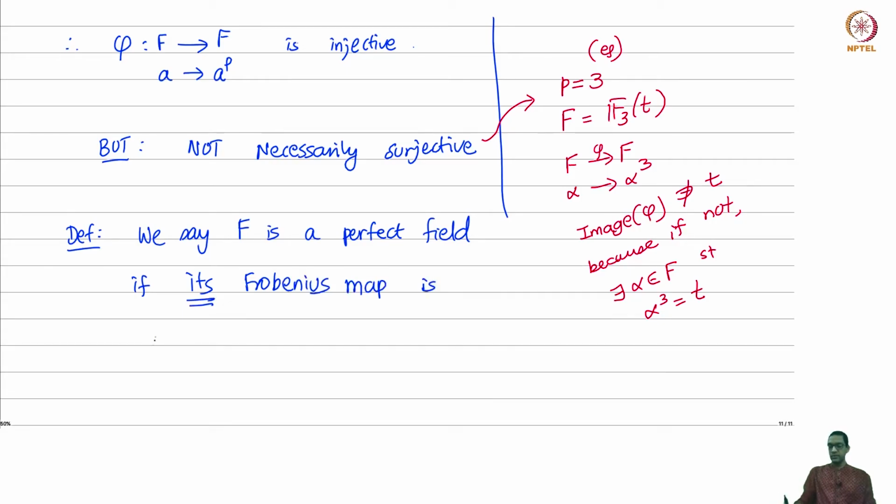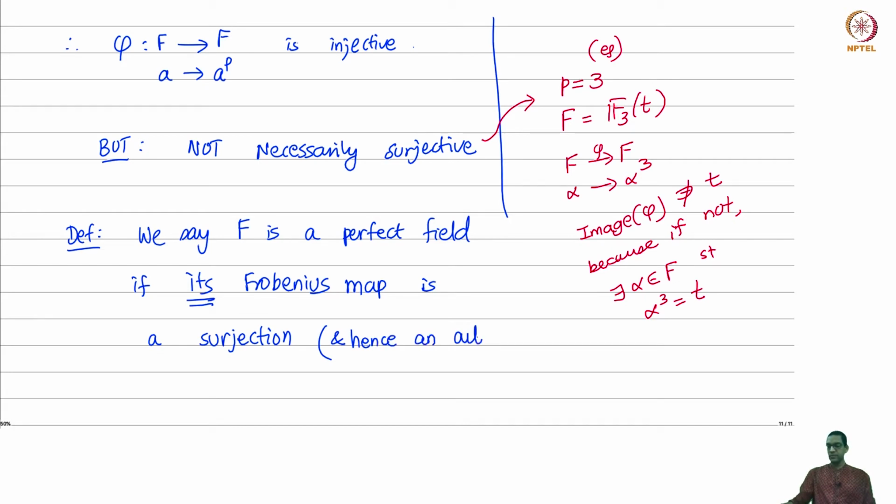If it's a surjection, it's already an injection, remember. So saying it's a surjection is the same as saying it is an isomorphism, and hence an isomorphism from the field to itself.